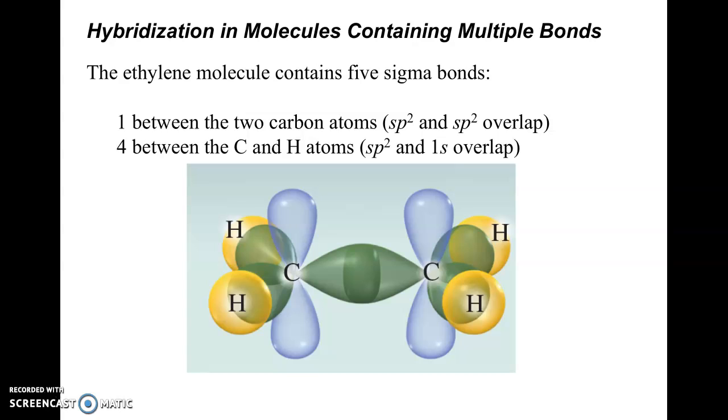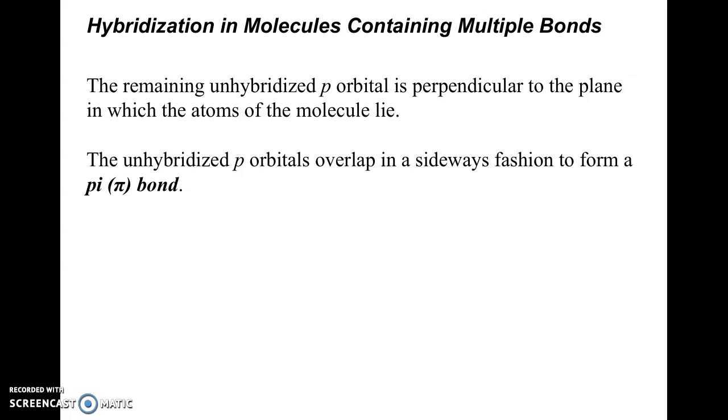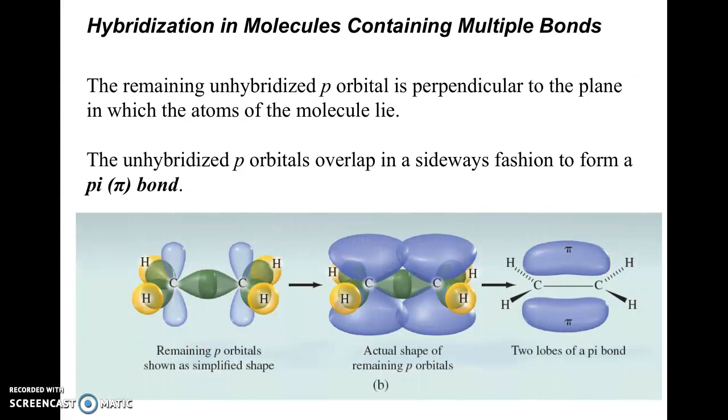So we've got 5 sigma bonds, and that's where the carbon is bonded to the other carbon, and then each carbon is bonded to a hydrogen. And to get that pi bond, or the bond between the 2 unhybridized p orbitals, they overlap in a sideways fashion above and below the nuclei, and that's where it takes both lobes. Both lobes make 1 p orbital.